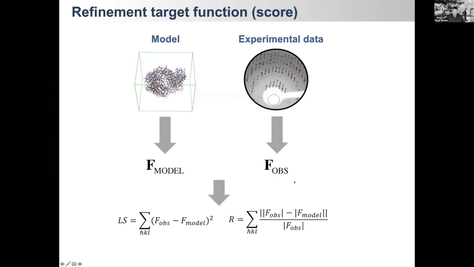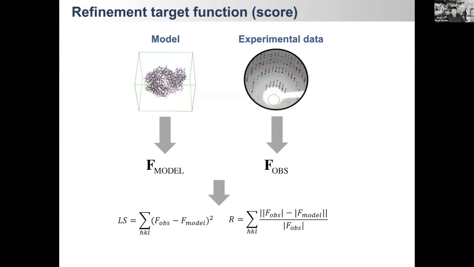Now, once you have these two, it's kind of obvious that if you want the model to match the experimental data as best as you can, you want this FMODEL to match FOBS as best you can. That's the objective of refinement.